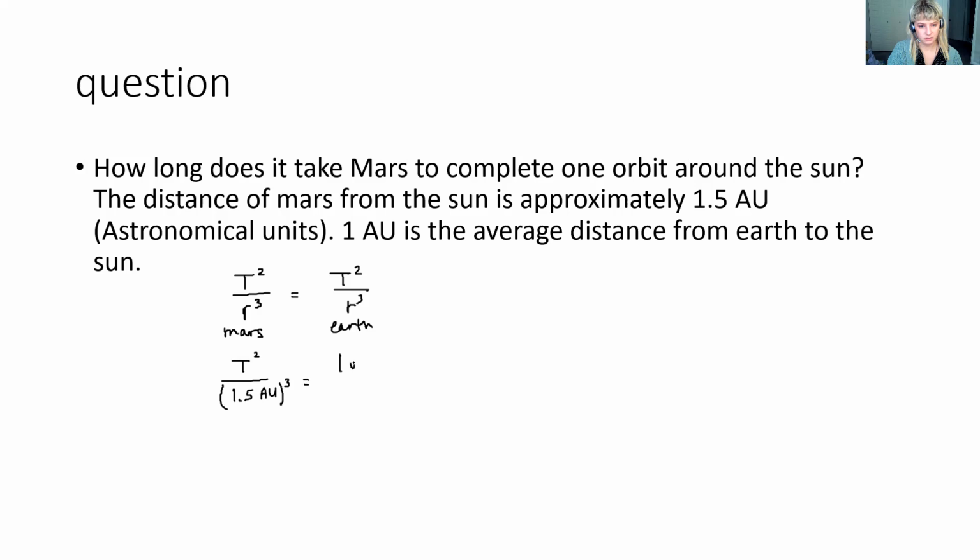We do the same thing on the side for Earth: 1 Earth year divided by R cubed for Earth. That's 1 AU, that's 1 AU.